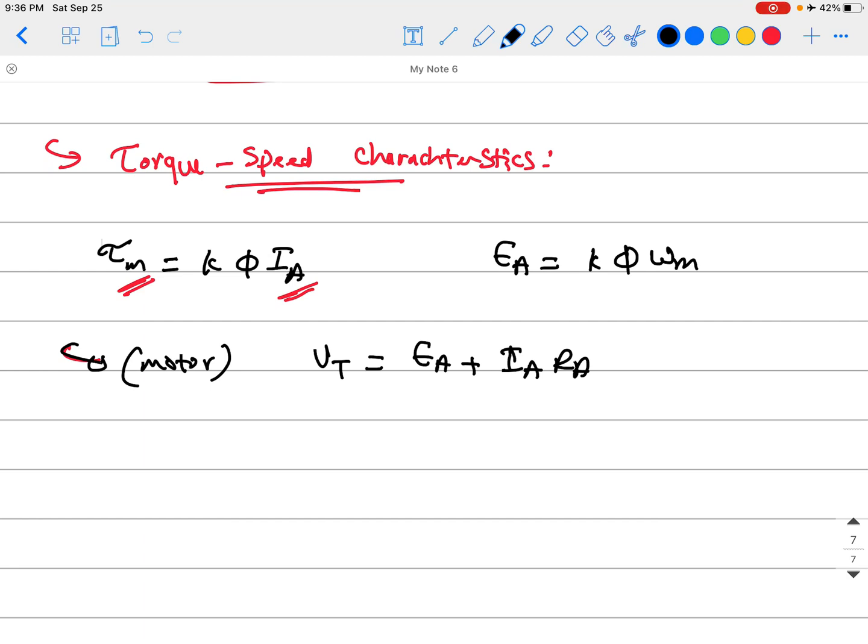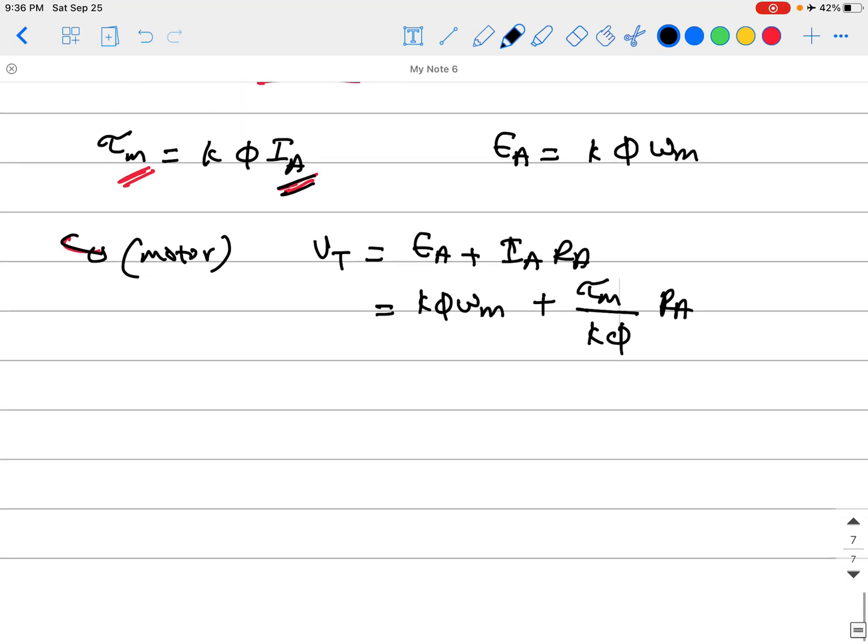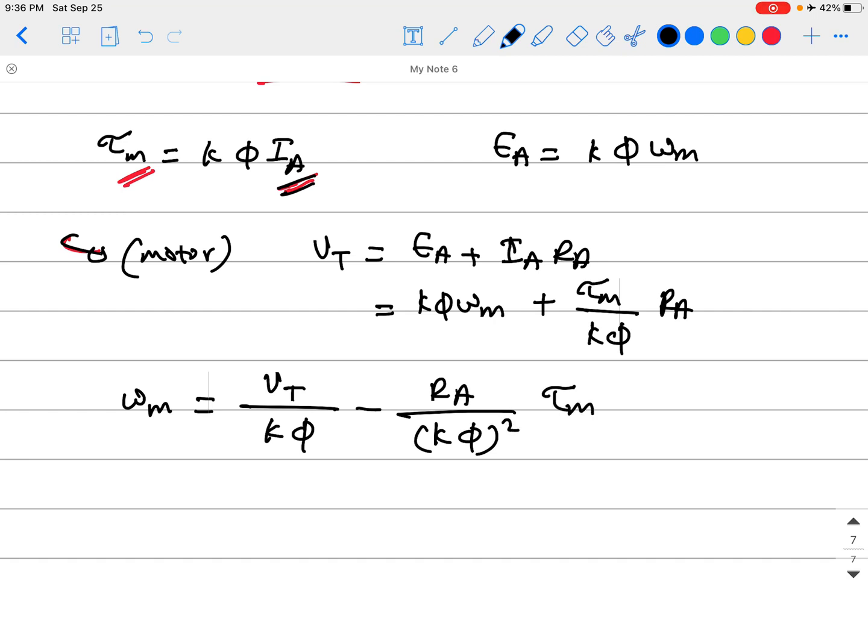You just substitute EA equals K phi omega m, plus IA equals the torque divided by K phi, multiplied by RA. If we just do the math, you will get omega m equals V terminal divided by K phi minus RA divided by K phi squared multiplied by torque.